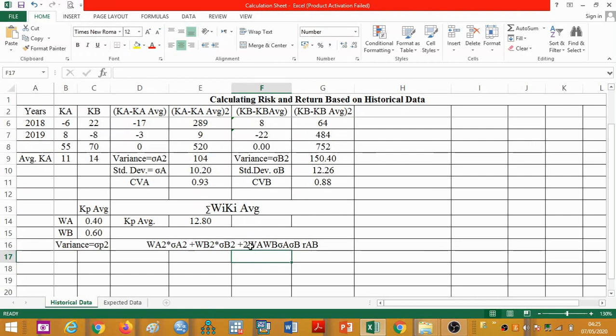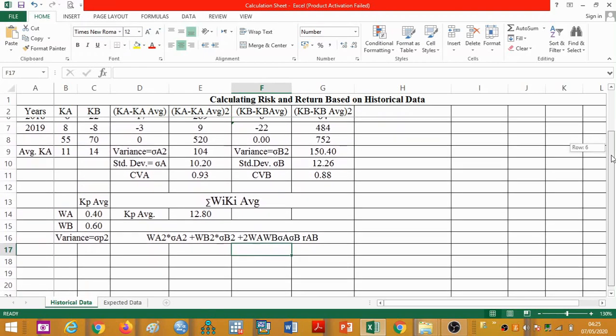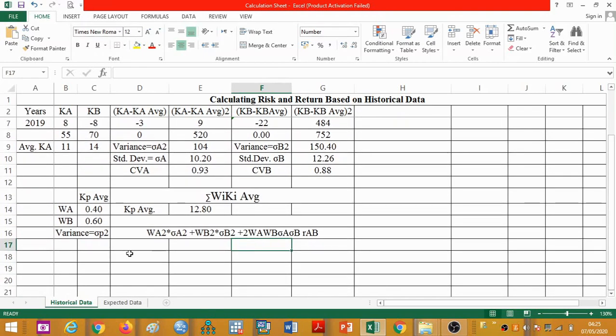We also know 2 and WA, WB, sigma A and sigma B, but what is the difference? The unknown value, that is RAB, which is the correlation between the returns of security A and security B in the last 5 years. So that is what we call as correlation. So how we can calculate correlation? I mean, this is the unknown, so we have to calculate it.